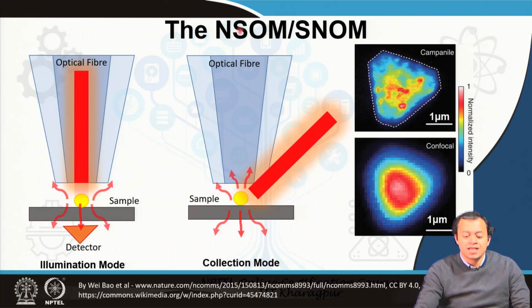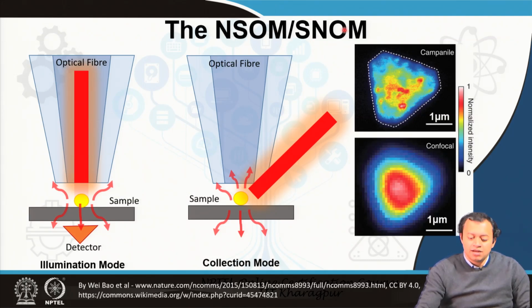NSOM, near field scanning optical microscopy, or scanning near field optical microscopy. Both are equivalently used. NSOM was used by academics and universities. SNOM was used by, I believe, IBM or one of the companies. Since we belong to academia, we prefer NSOM, but SNOM is also utilized widely, and they both represent the same thing.